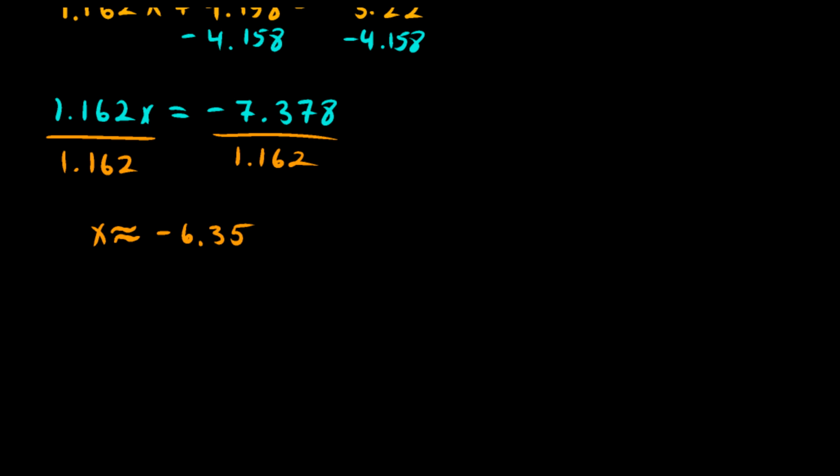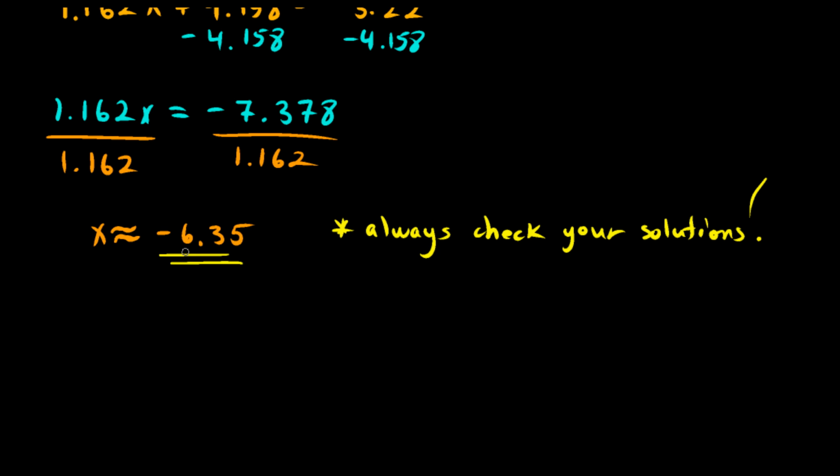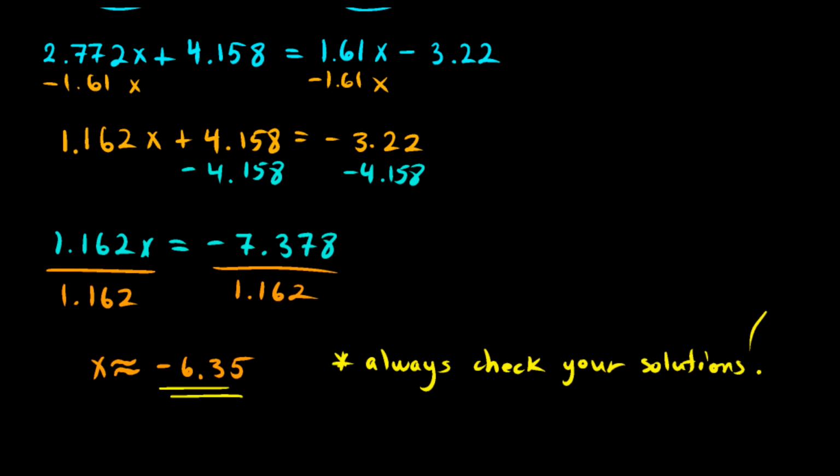What we need to do at this point, and this is really, really important, is always check your solutions. I need to check to see if I substitute negative 6.35 in for x, will it cause any problems?